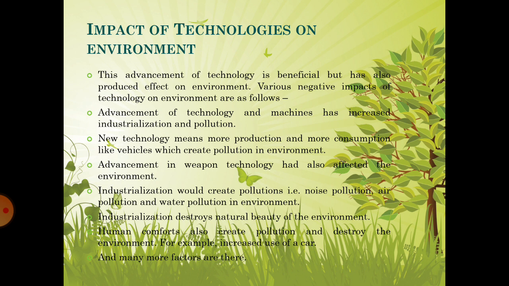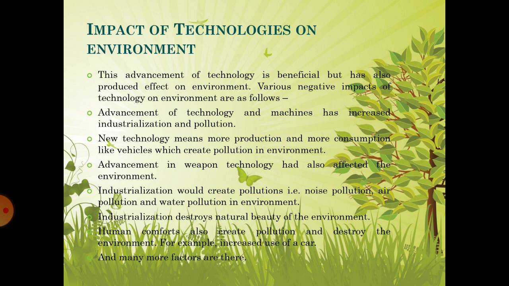Next, impact of technology on the environment. This advancement of technology is beneficial but has also produced effects on environment. There are various negative impacts: advancement of technology and machines has increased industrialization and pollution. New technology means more production and more consumption, like vehicles which create pollution in environment. Advancement in weapon technology has also affected the environment.